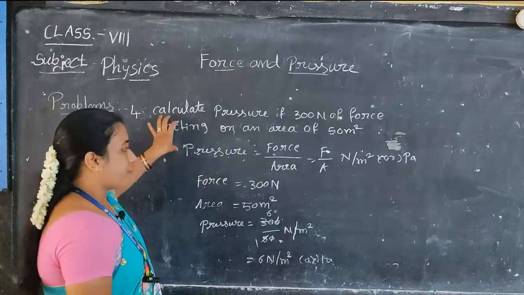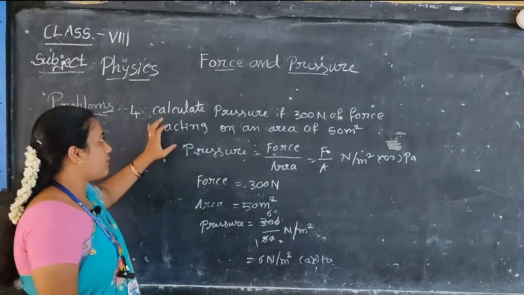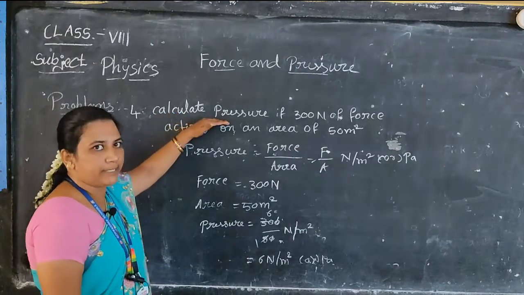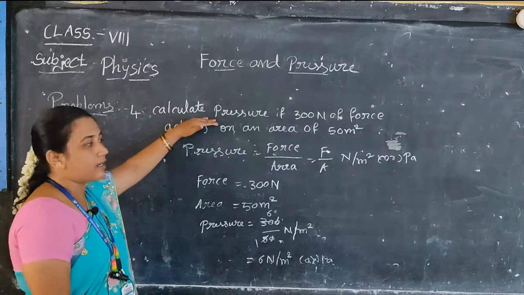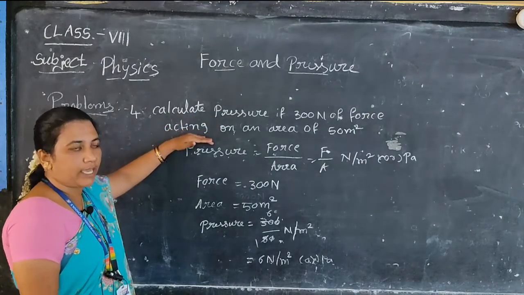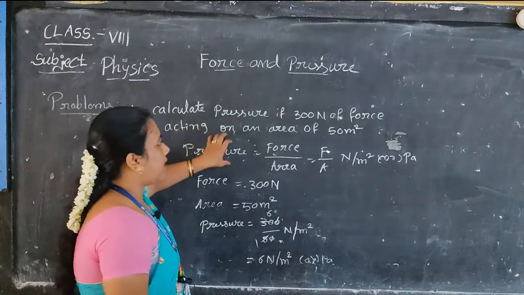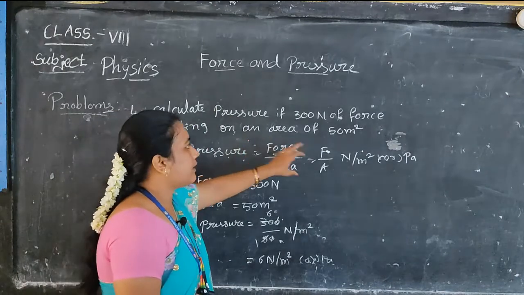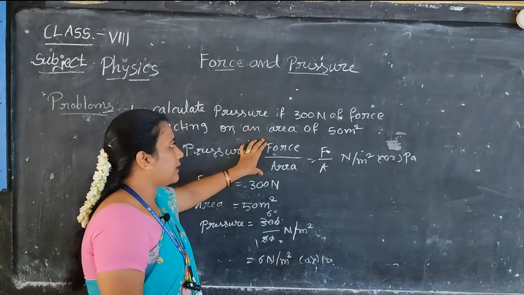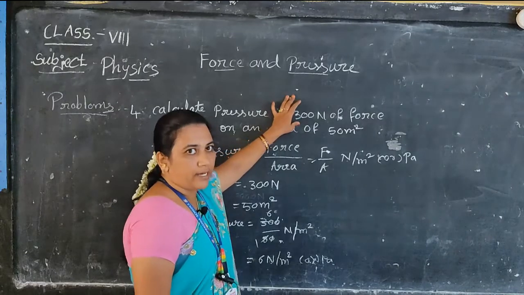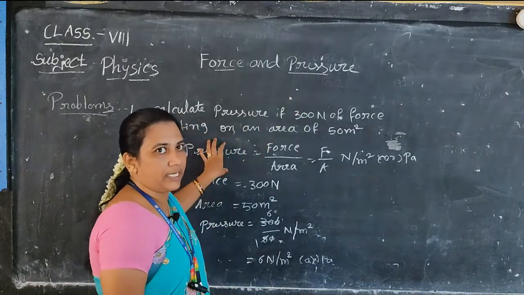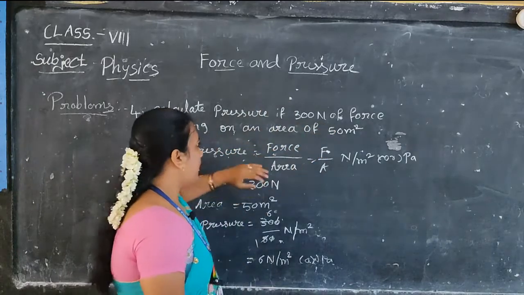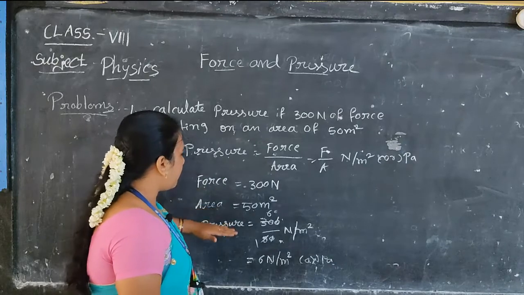So when you get any problem, first read the problem completely. Then understand what you want to calculate. After that, remember the formula and the units. Then note the values given in the problem to calculate pressure, here the force value and area value, and write them into the formula.